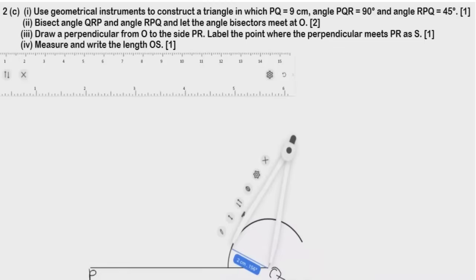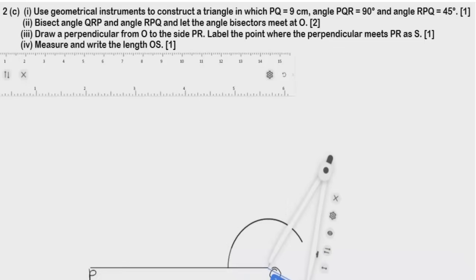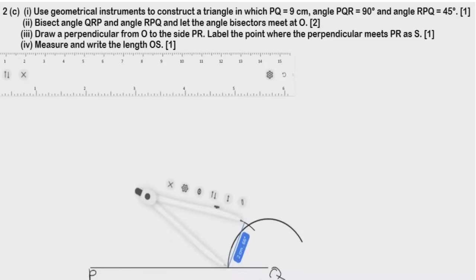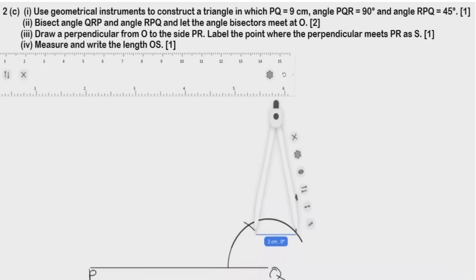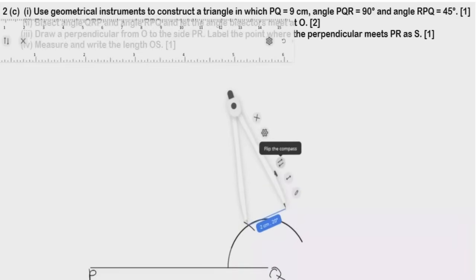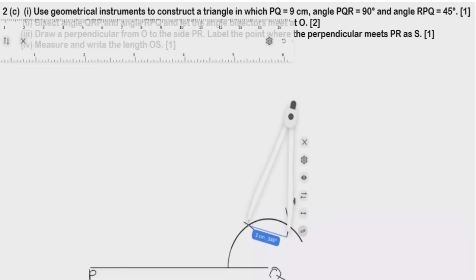Okay, once I draw the arc like that, remember I'm trying to construct a 90 degree angle at Q. So I'm going to bring the compass there. When you're doing this, you need to be pricking where you're putting the compass. Then I'm going to draw the arc here like that.